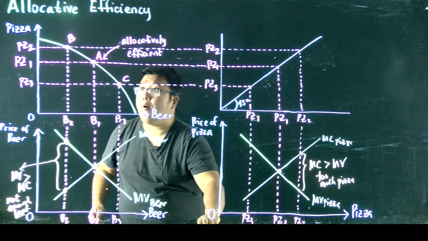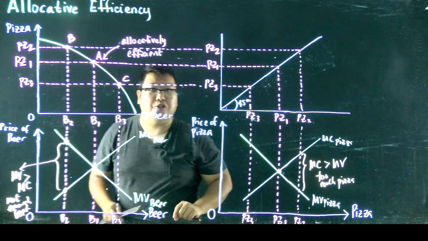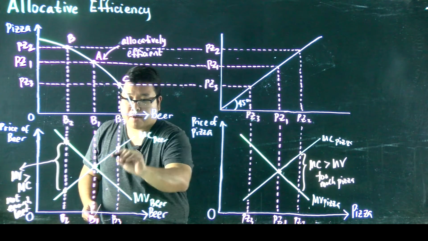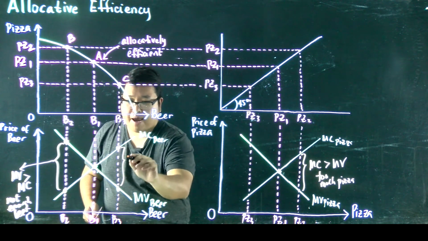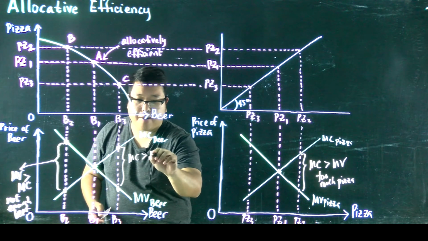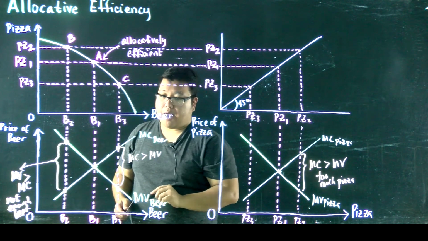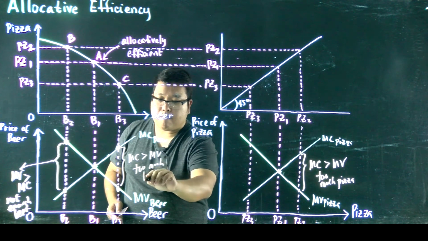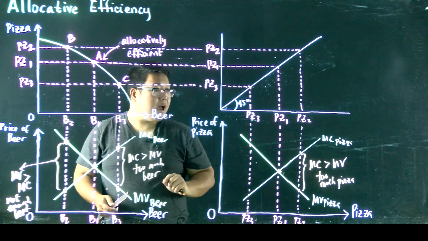Now, at point C here in our production possibilities curve, what's going on here for beer? Well, the marginal cost for beer is greater than the marginal value, and we're producing too much beer. And on this side, what's going on?